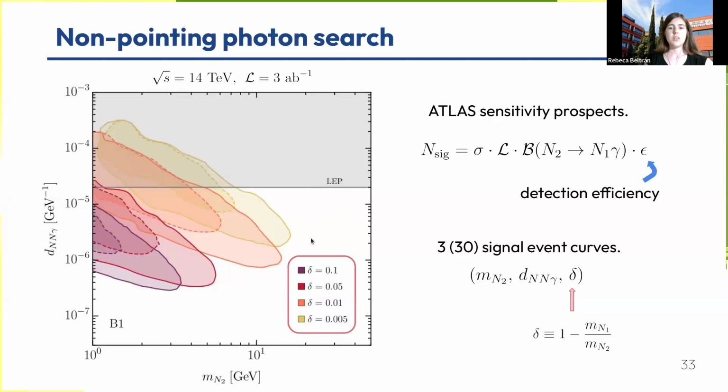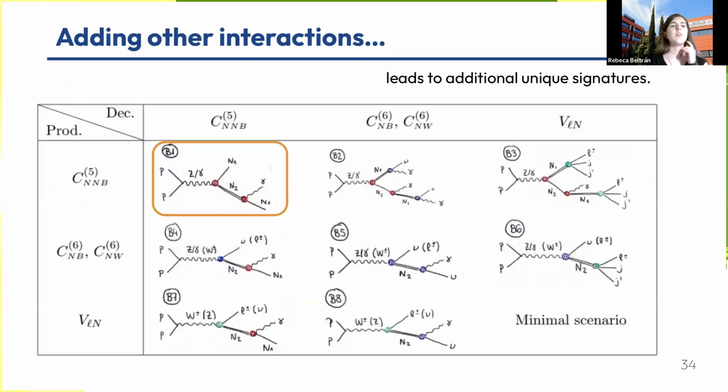Okay, so this is quite a simplified scenario where only one operator was considered. But if we allow for additional interactions, then a plethora of signatures emerge.